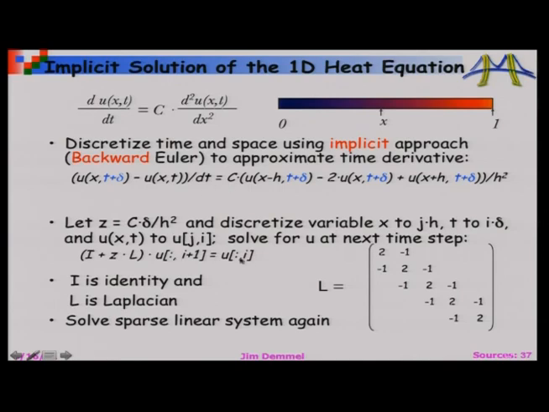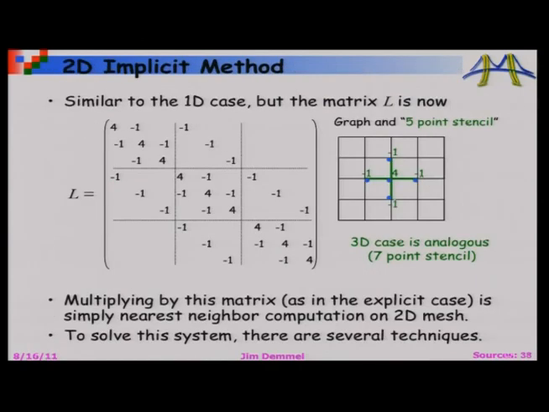So I have my answer at time step i. I know that. I want to get the answer at time step i plus 1. I have to solve a system of linear equations. Here's the matrix. And it's very, very sparse. It's a very famous matrix. It's called the Laplacian. 2's down the diagonal, minus 1's, and I have to jiggle it a little bit. But basically, that's it.